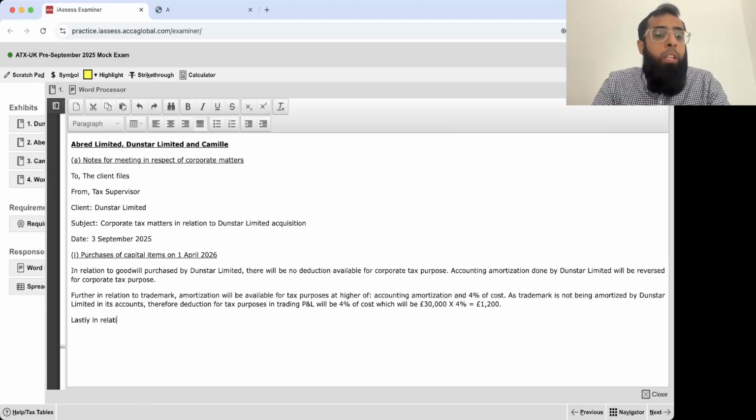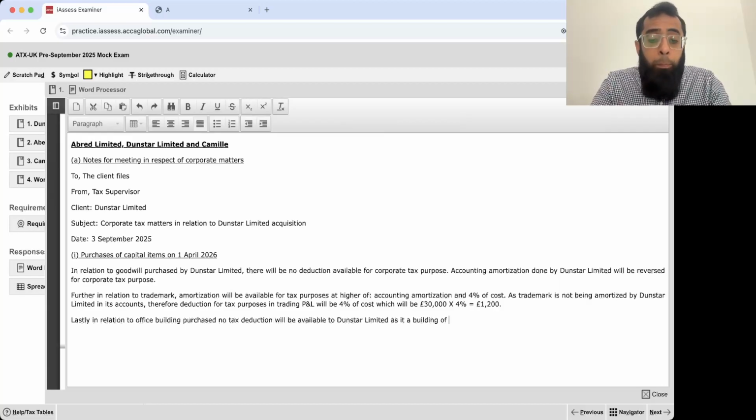Lastly, in relation to the office building purchased, no tax deduction will be available to Dunster Limited, as it is a building of the pre-April 2020 period on which no structure building allowance will be available.